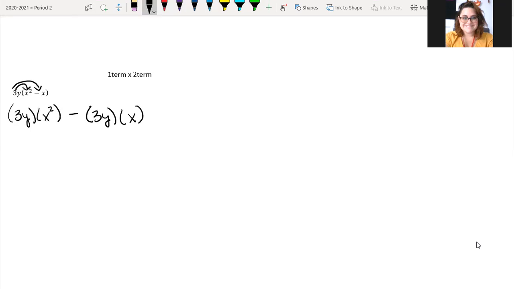We could have also written this as 3y x squared plus 3y times negative x. So either way will work. I think I'm going to go with this way over here because we kept our negative with our x, and that's the way we typically like to do things.